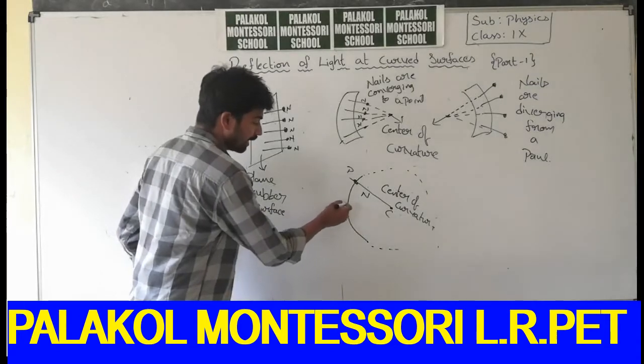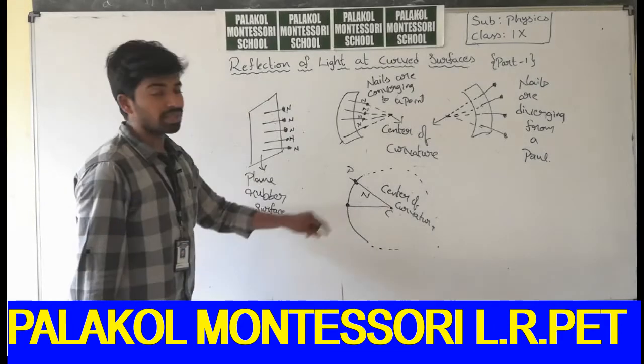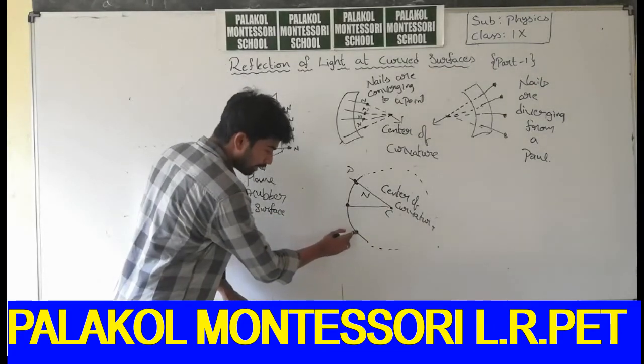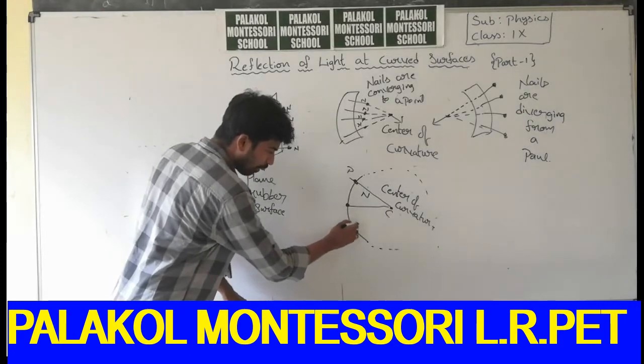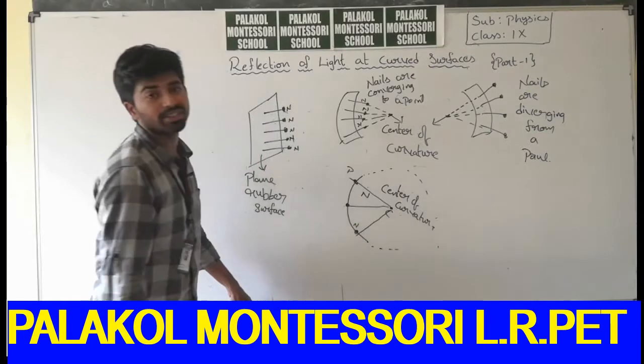Again, if you want to draw the normal at this point, the line joining this point and the center of curvature will denote the normal line.